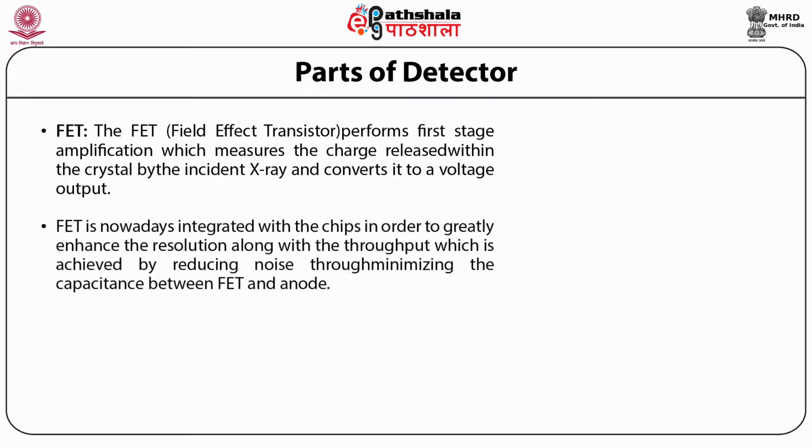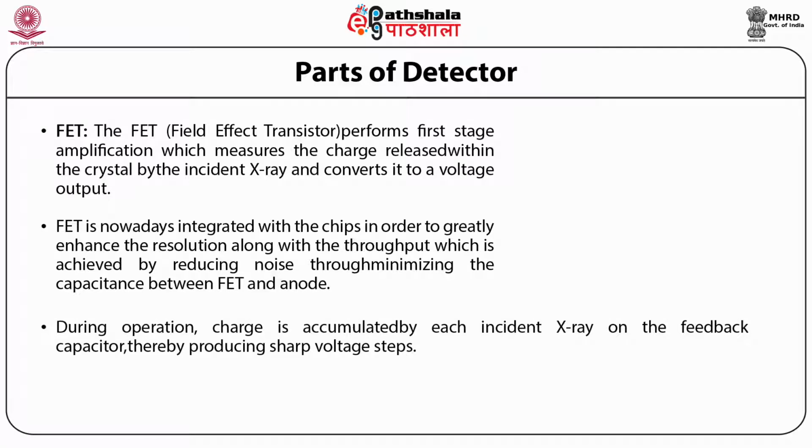FET is nowadays integrated with the chips in order to greatly enhance the resolution along with the throughput, which is achieved by reducing noise through minimizing the capacitance between FET and anode.